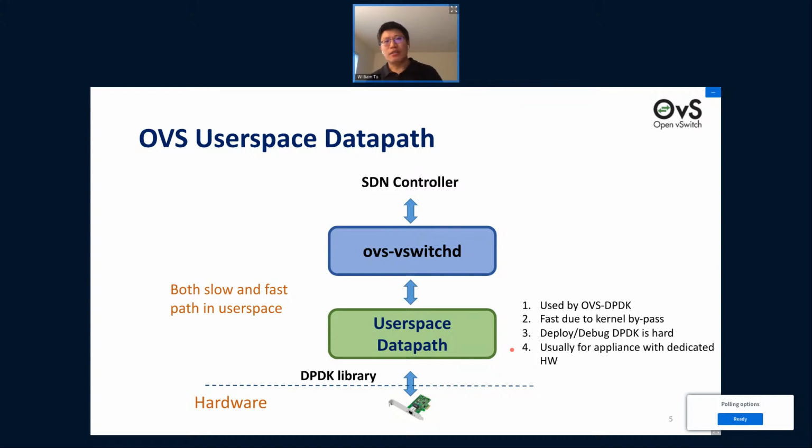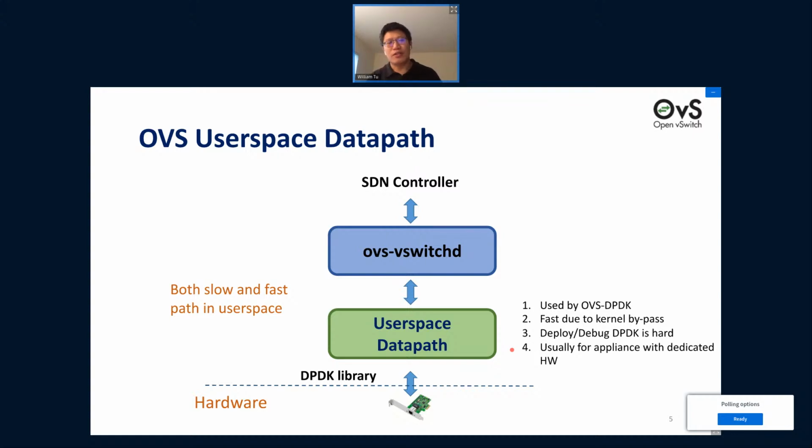So another OVS data path is not in the kernel, but in user space. This is usually used by a community called OVS DPDK. The idea is that we want to do the packet processing in user space. But first, we need a fast packet IO channel.